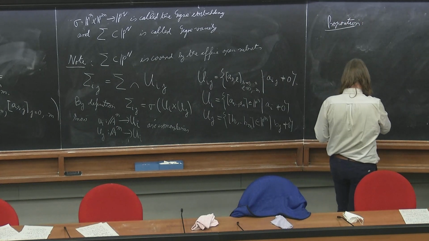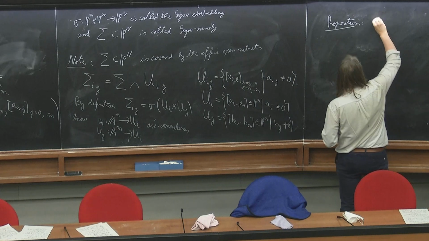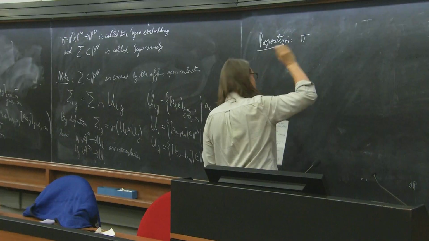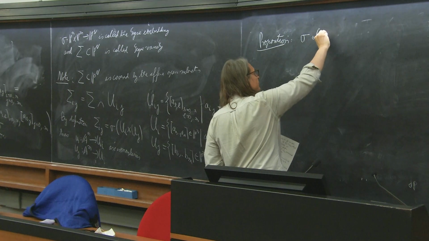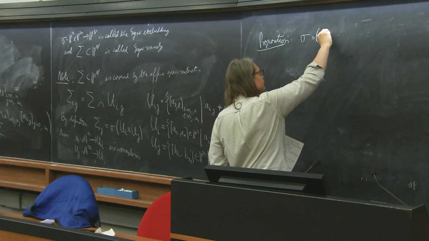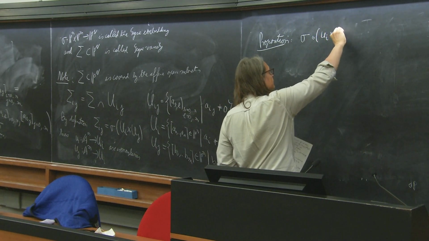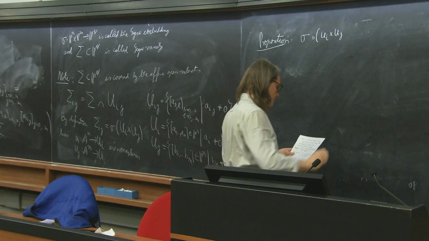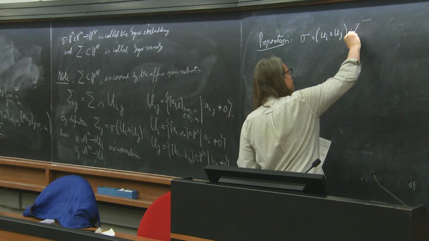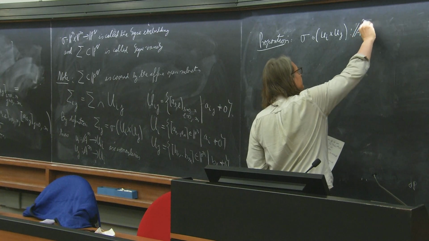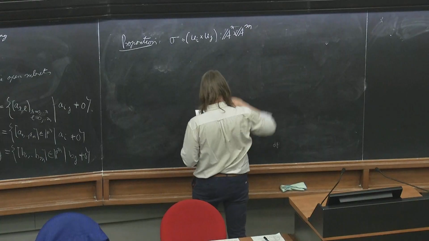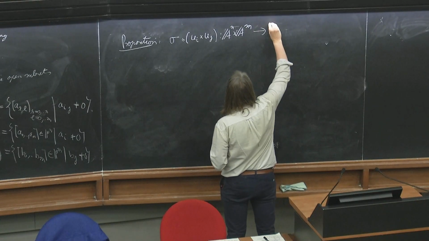If I take this map sigma, I compose it with the product of the maps small ui times small uj. So this is a map from An times Am to sigma ij.